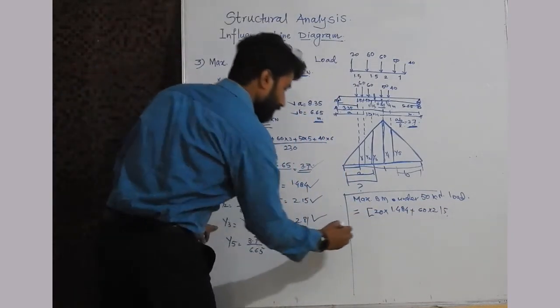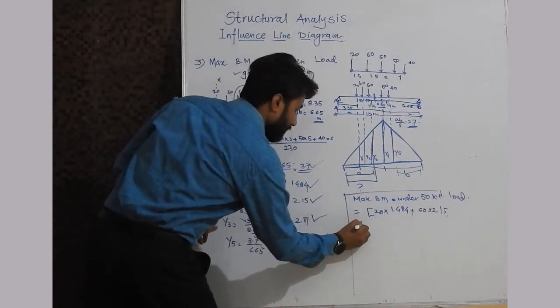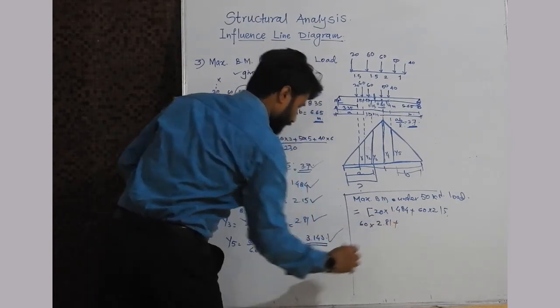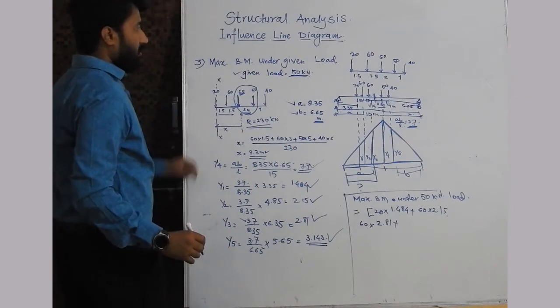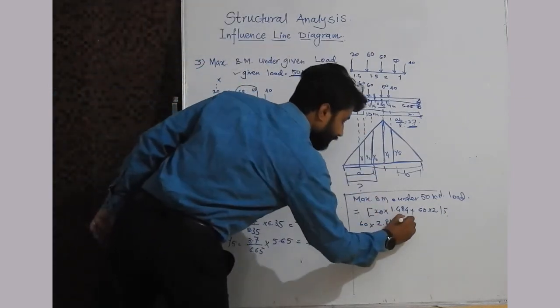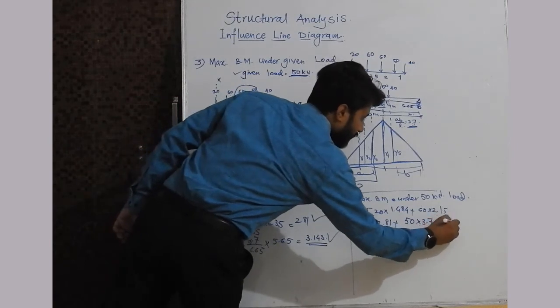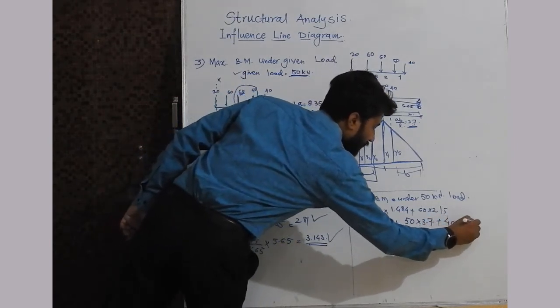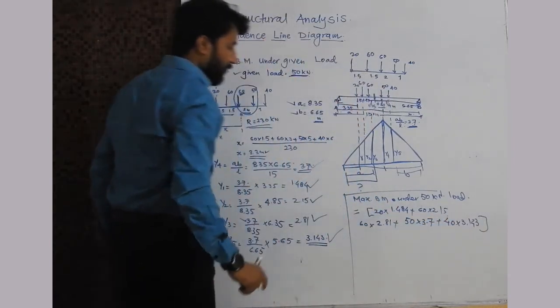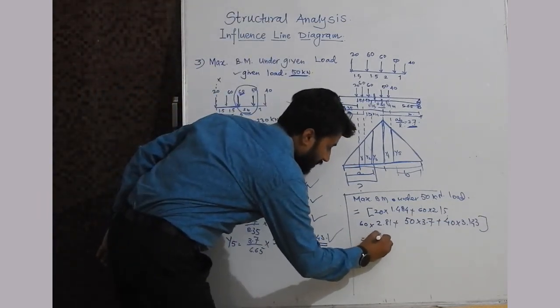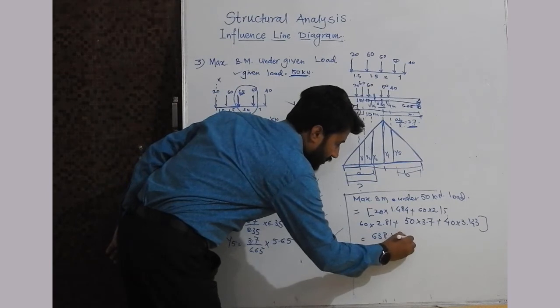Then y3, again 60 into 2.81, plus y4, 50 into 3.7, plus 40 into 3.143. If you calculate this value, you will get the maximum moment 638 kilonewton meter.